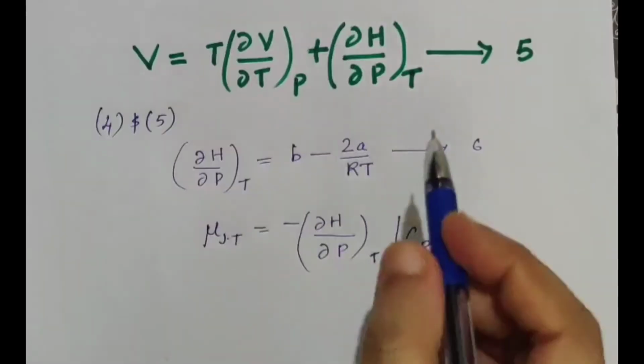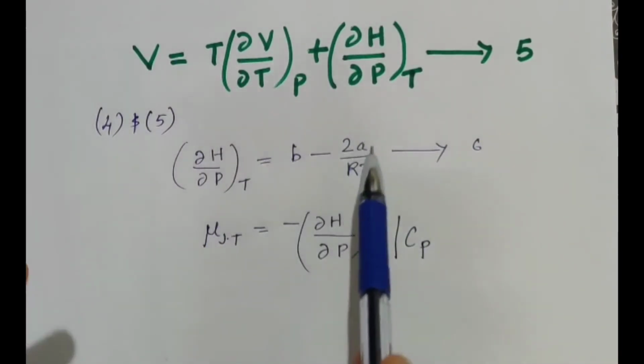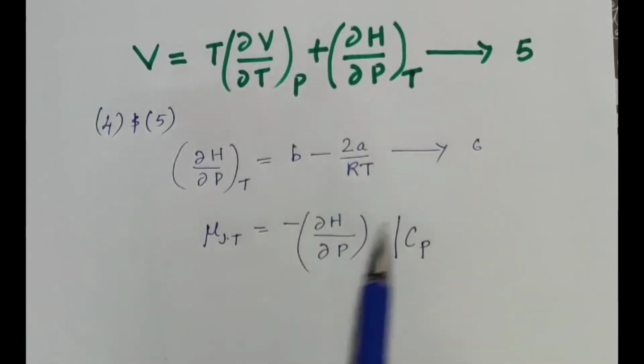Here we are substituting ∂H/∂P at constant T, which is equal to B minus 2A by RT, into this equation.